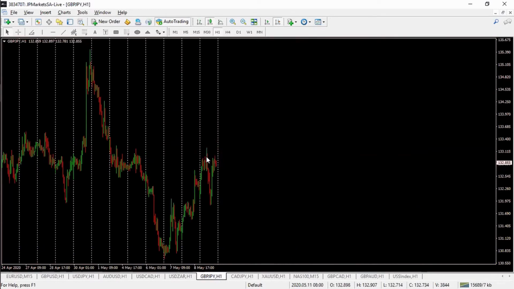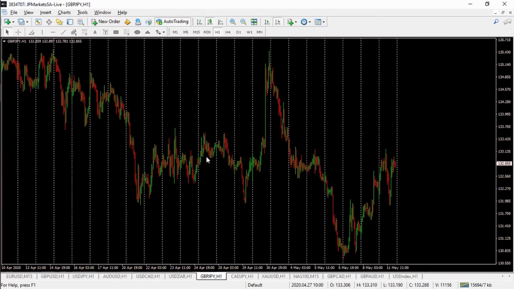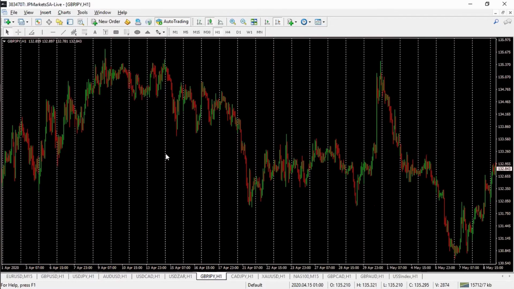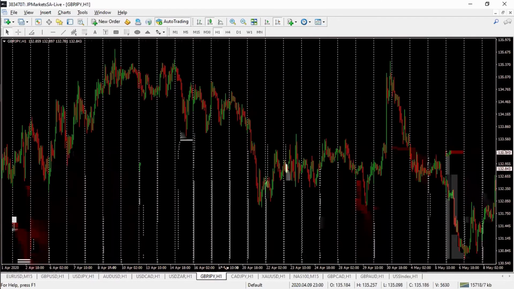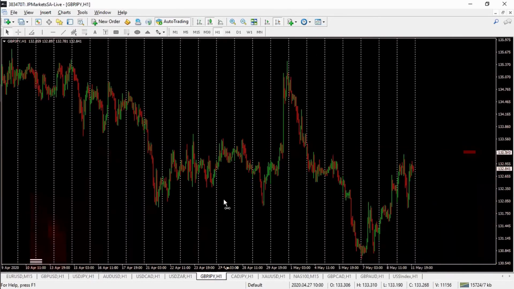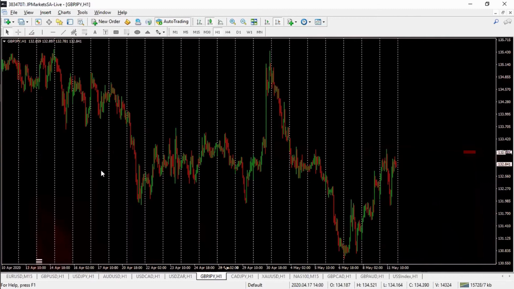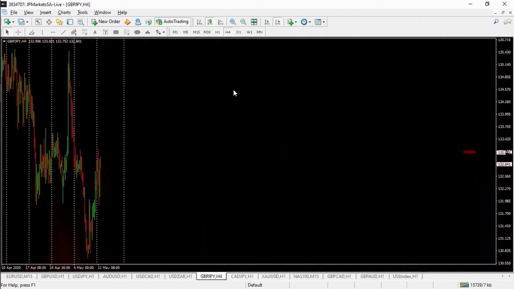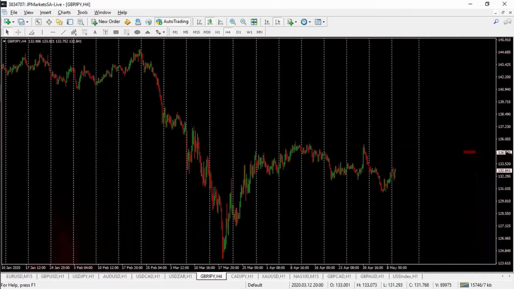GBP JPY has been an interesting pair to trade, as I've come to realize that sometimes this pair has patterns. Let's move to a higher time frame. Let's start with a higher time frame.